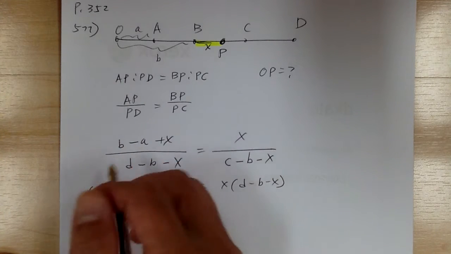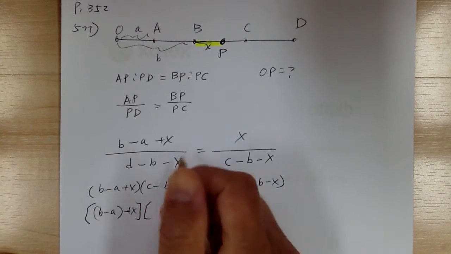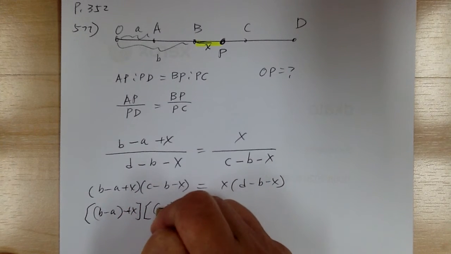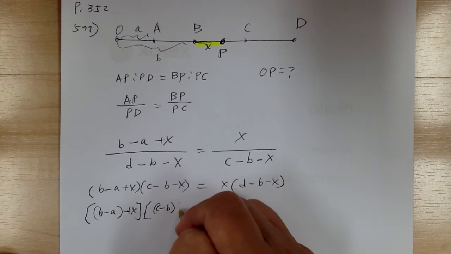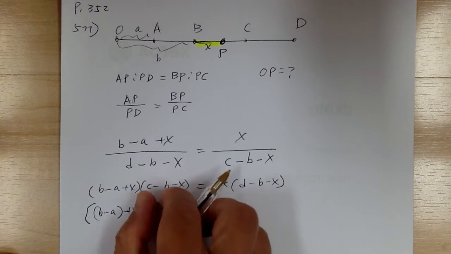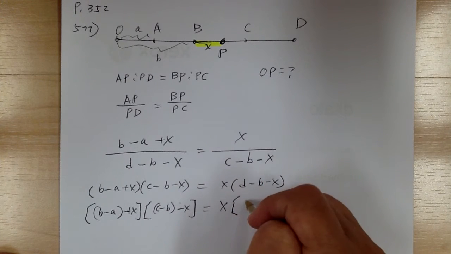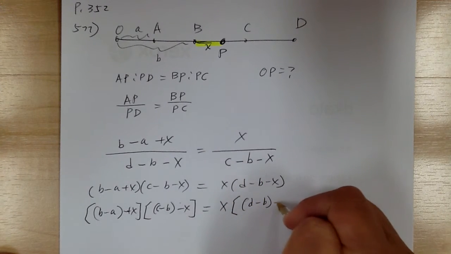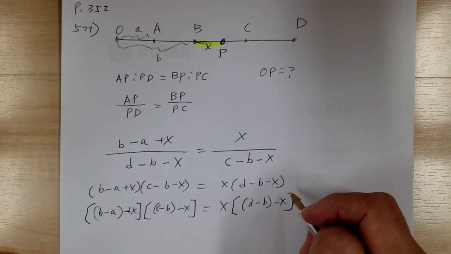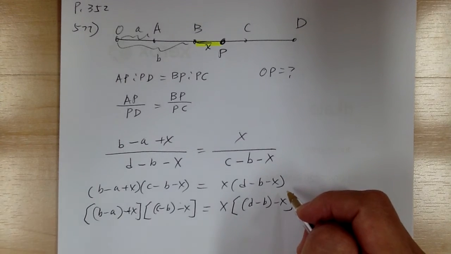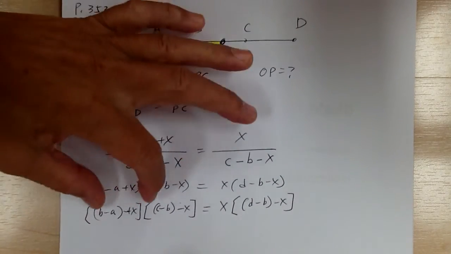I'm going to make this into B minus A plus X, and this one into C minus B minus X. Basically I'm grouping this, and this will equal X times D minus B minus X. Next I'm going to multiply. I don't multiply every single detail, so I'm just going to use the FOIL method. Think of this as a term.